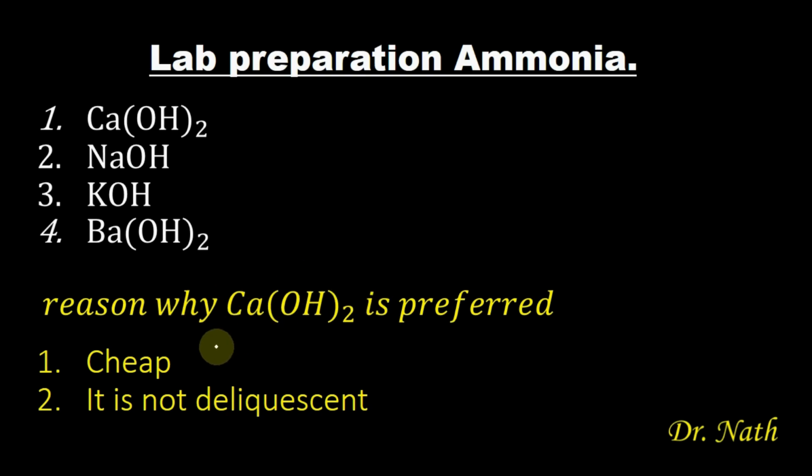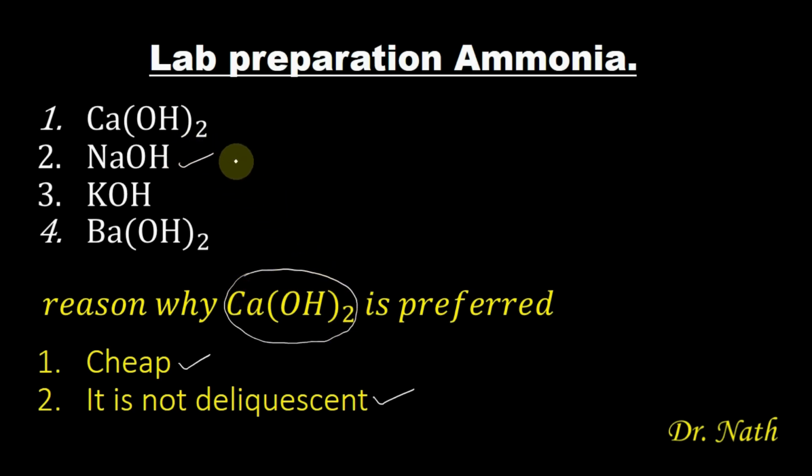So the two main reasons why calcium hydroxide is preferred is because it is cheap, and secondly, it is not deliquescent. Calcium hydroxide will not absorb water from the surrounding environment and dissolve in it. That is why it is preferred in the laboratory preparation of ammonia.